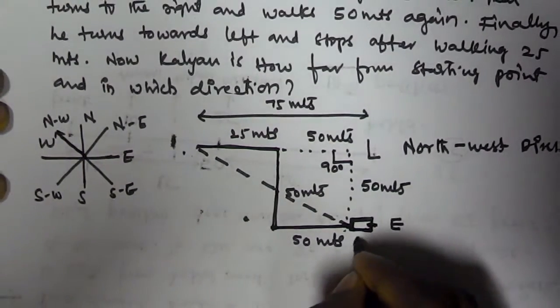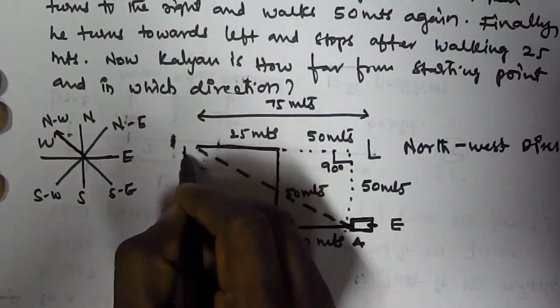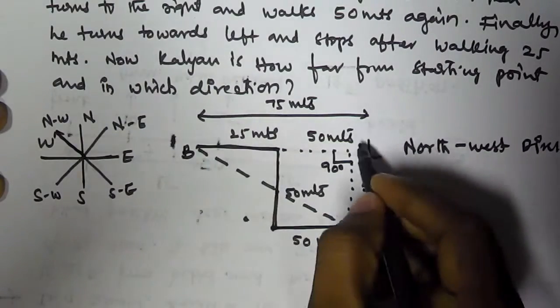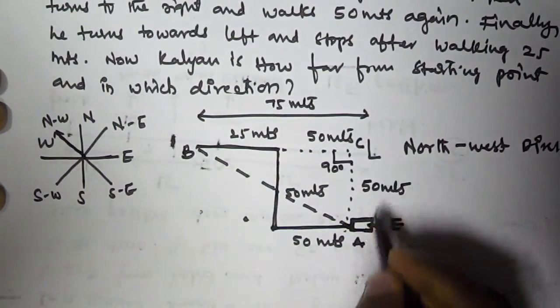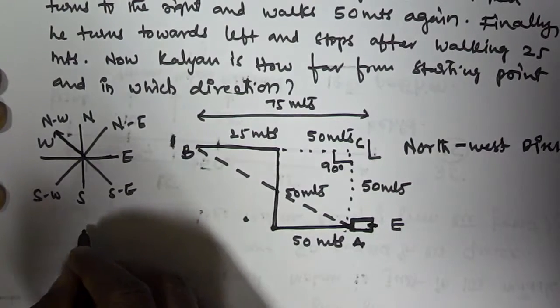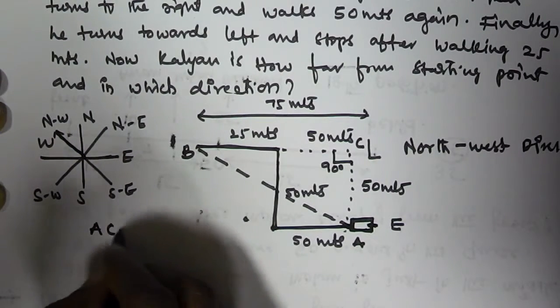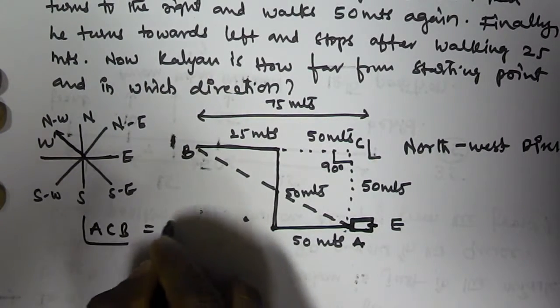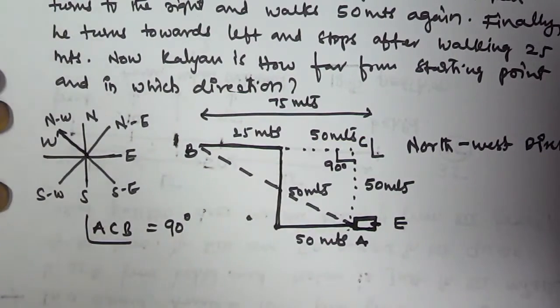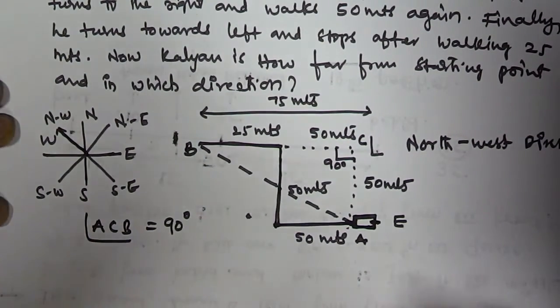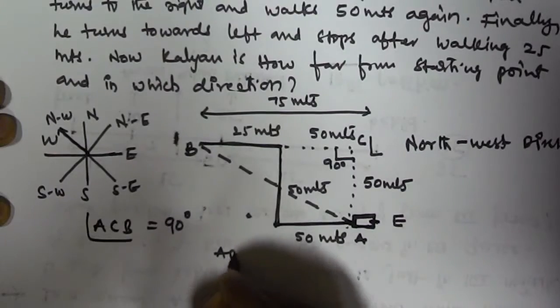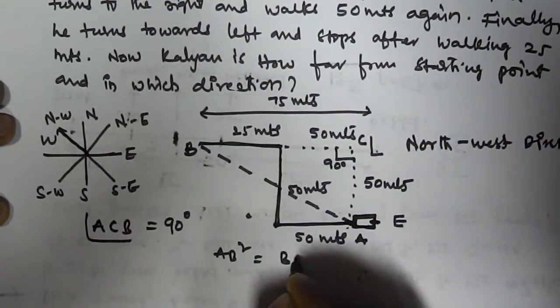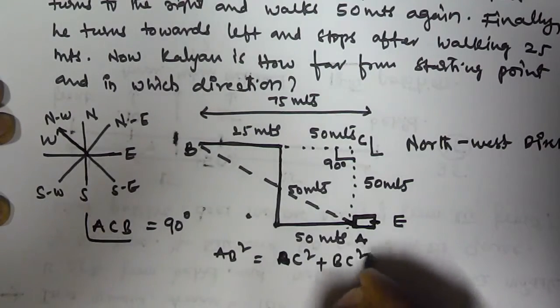Let us take this one as A, this one as B and this one as C. From this triangle, it is clear that angle ACB is equal to 90 degrees. So it follows the Pythagoras theorem: AB square is equal to AC square plus BC square, right?